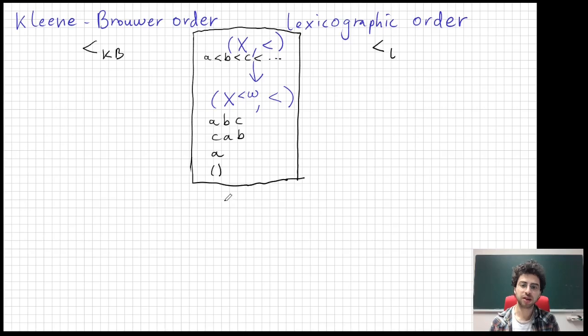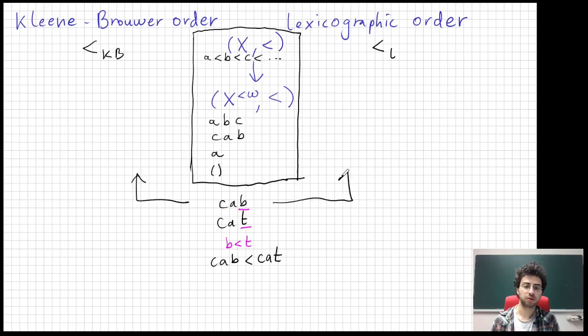It means that if we have two words like cab and cat, it looks for the first point where these two words differ, in this case at the third position, and compares those two symbols. So since we know that B is smaller than T, we then know that cab is smaller than cat. So this works in both. This is how it's done in both the Kleene-Brouwer order and the lexicographic order.